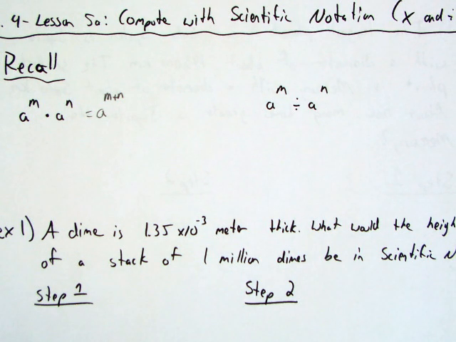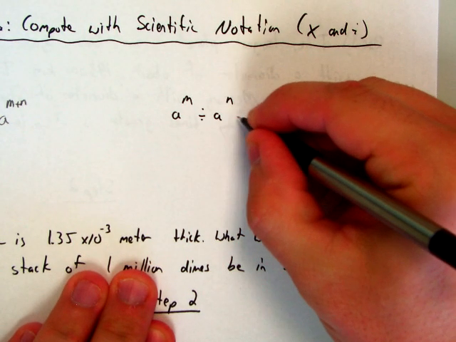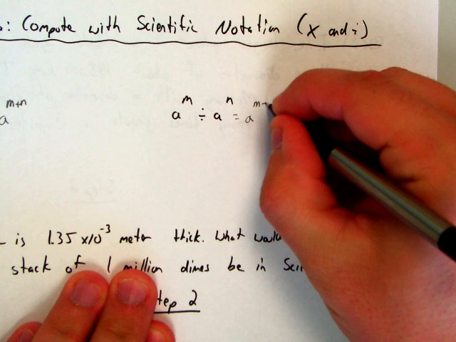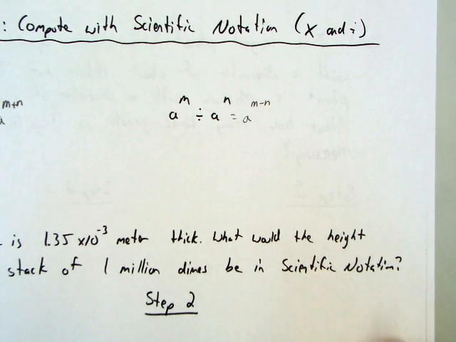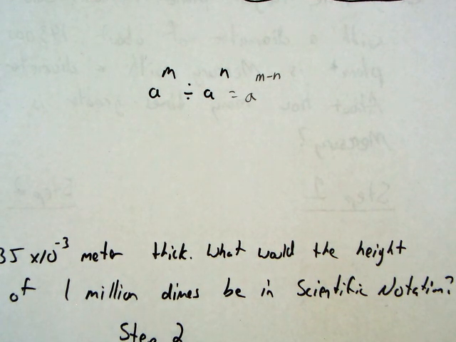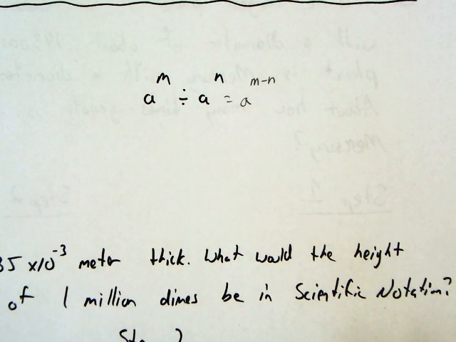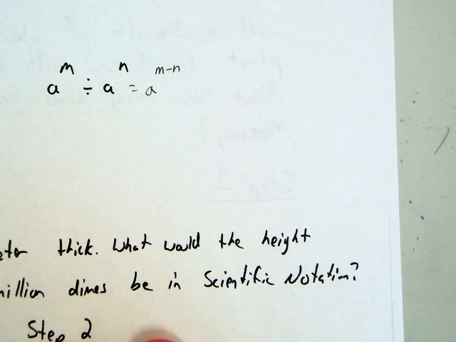When we have the same thing and we're dividing them, again it's A, and then we subtract the exponents. That is what happens when we have powers either being multiplied, in this case, or divided, in that case.